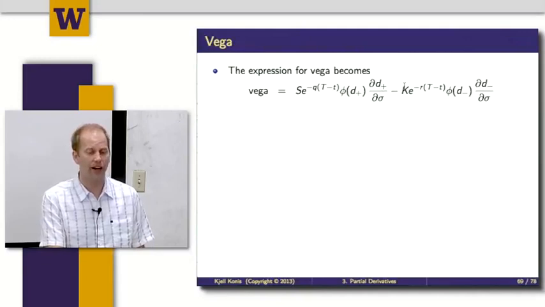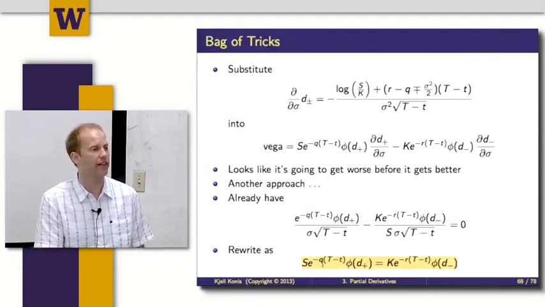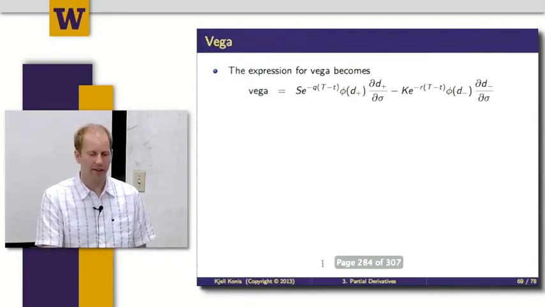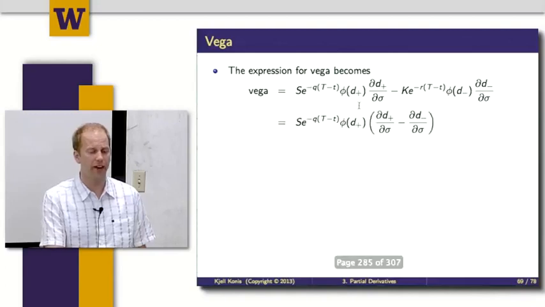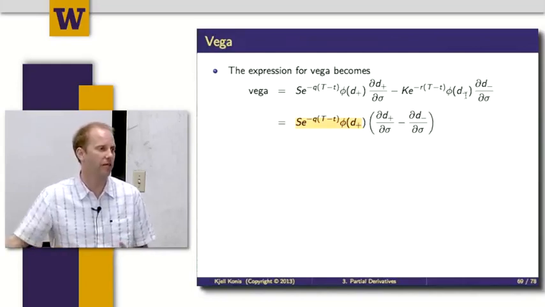And now I can replace one of these guys with the bit that I have here with the s. And so if I can replace this thing with the first bit here, then I can just factor that out. And so essentially it's that same computation that we've done. It's kind of complicated, but just changing this phi of d minus into a phi of d plus and some other stuff.